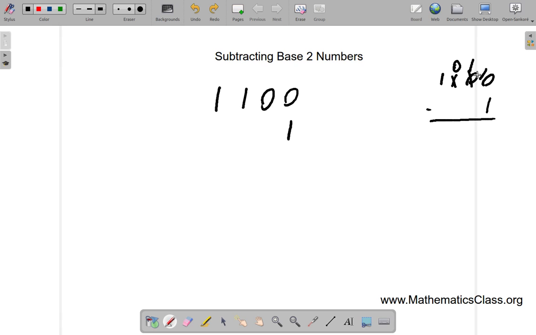And this into, well, it looks like 10 but it's really 2.